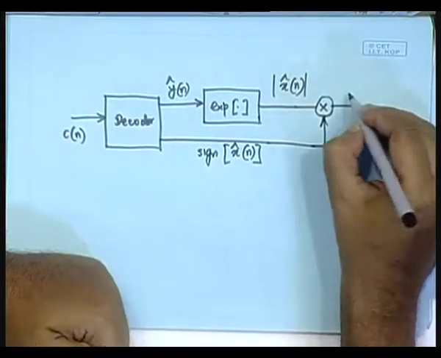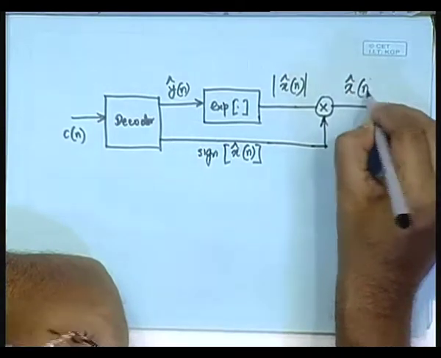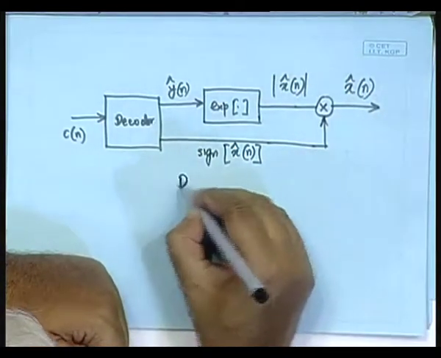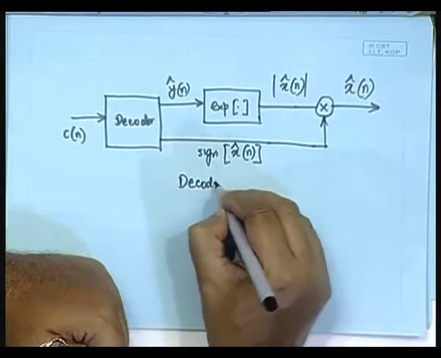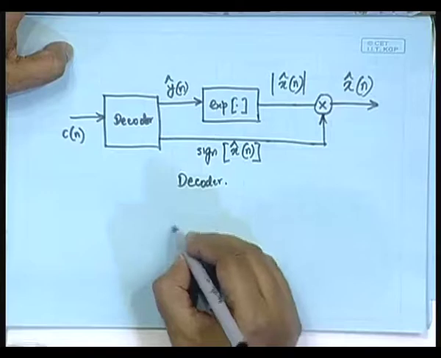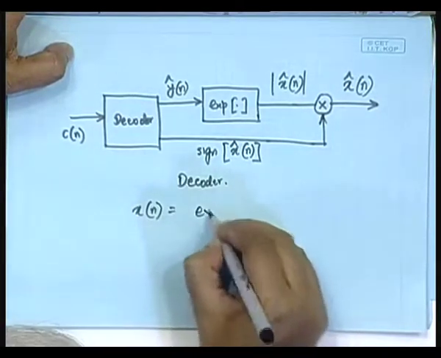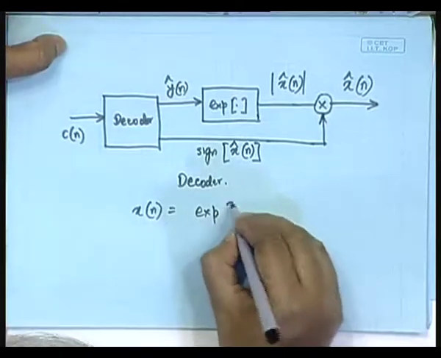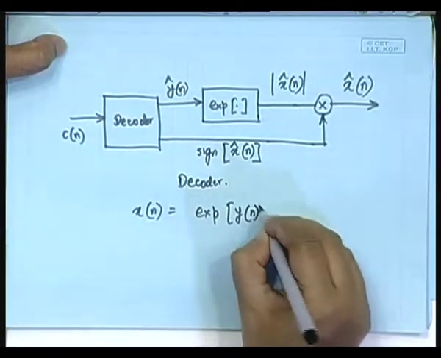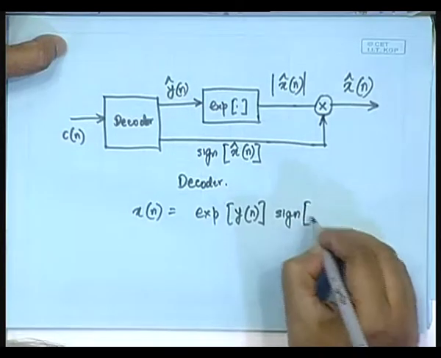Then at the output of this multiplier we will be getting x cap of n. So, this is our decoder, and we can write the inverse transformation equation as x of n is equal to exponential of y of n, into sign of x n.